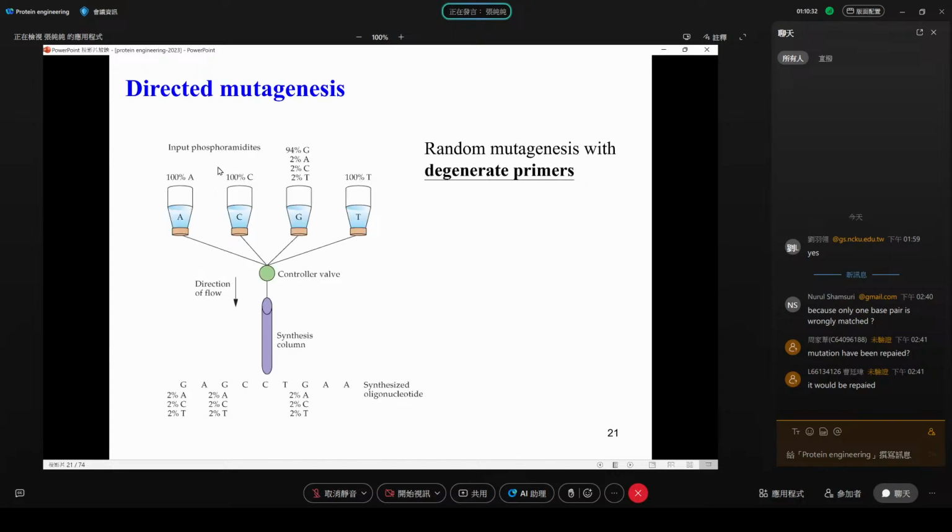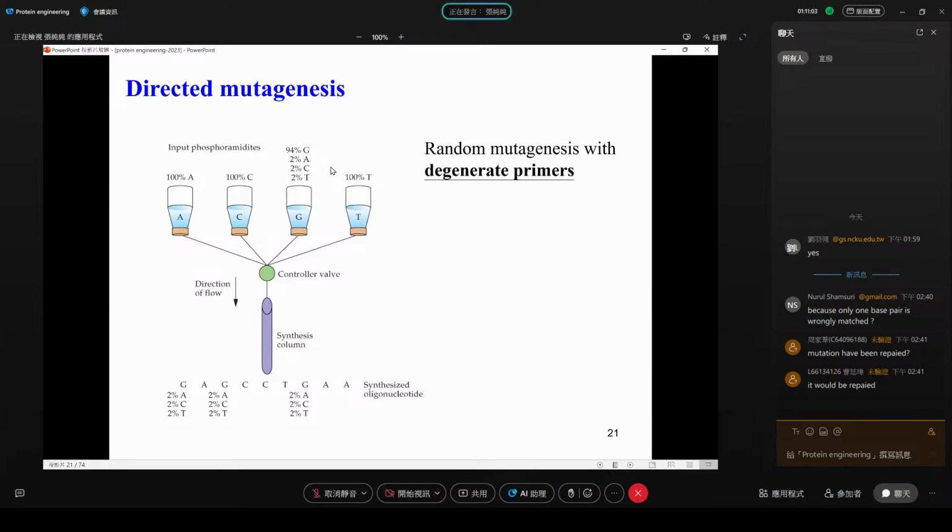I probably will set it up like this: usually G, A, T, C must be in equal quantity during primer biosynthesis. But if I don't know whether this residue should be changed to T or C or any other residue, I will put 94% of G here, but 2% of each of the others, A, C, T, each of them will have 2%.